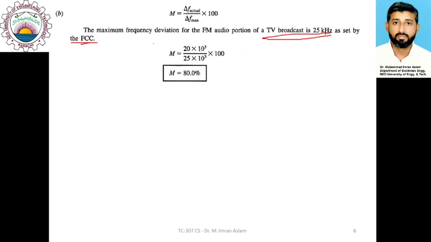If we divide these two, we get a modulation index of 20 divided by 25, which comes out to be 80%. So for the audio portion of television broadcast, the modulation index comes out to be 80% for this particular case.